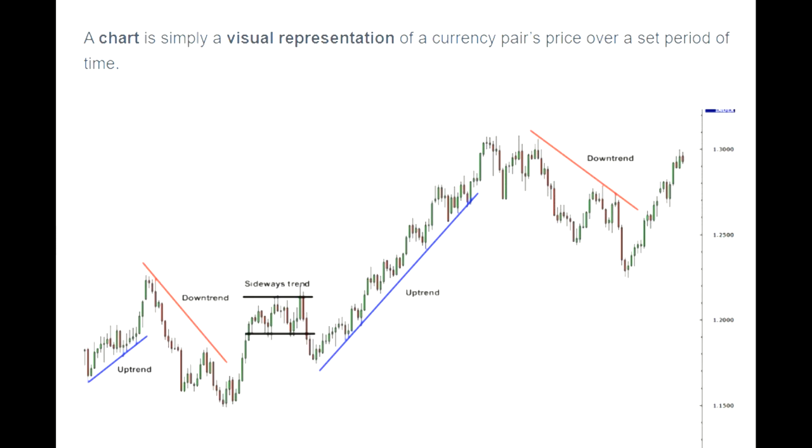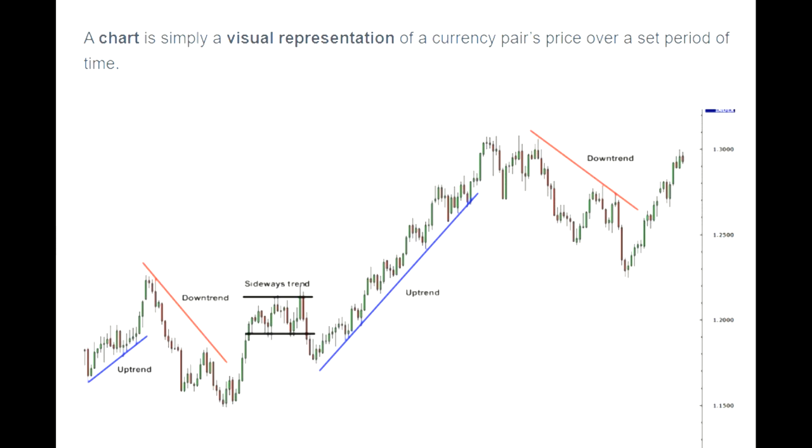Okay, so this is a typical example of a Forex chart. A chart is simply a visual representation of a currency pair's price over a set period of time. So this is basically how the Forex chart mostly looks. Now this is an uptrend. This is a downtrend.